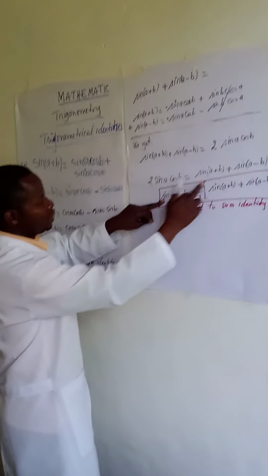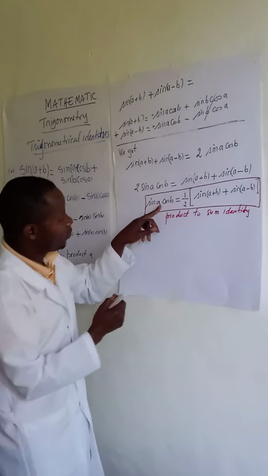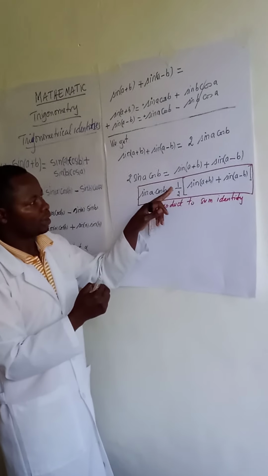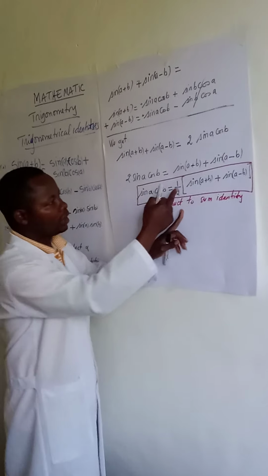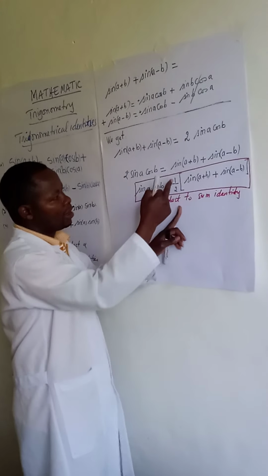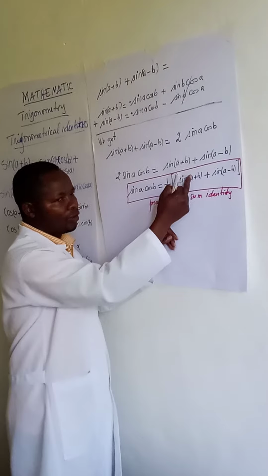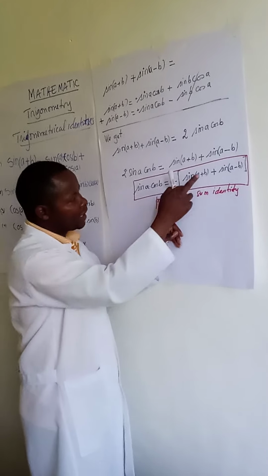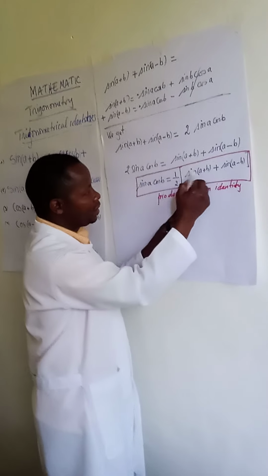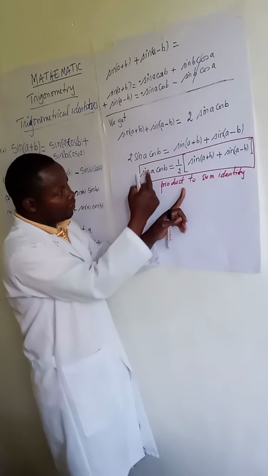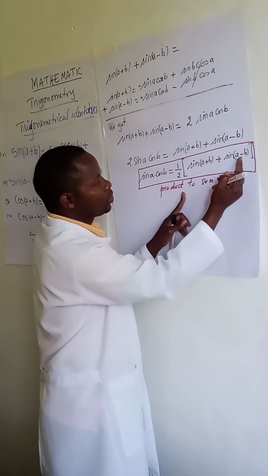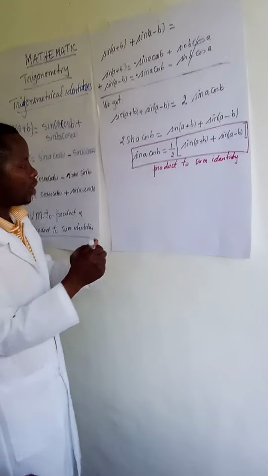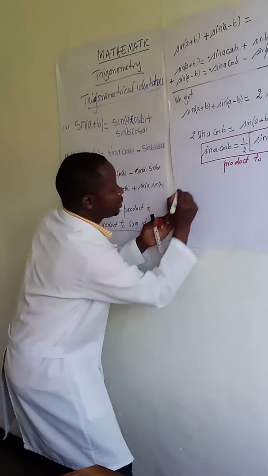So this means if we have the product of sine and cosine, it will be transformed into a half of the sum of the sines of the first angle plus the second angle, then plus also the sine of the difference of those two angles. Let us do an example.